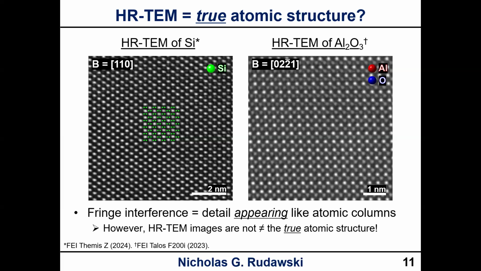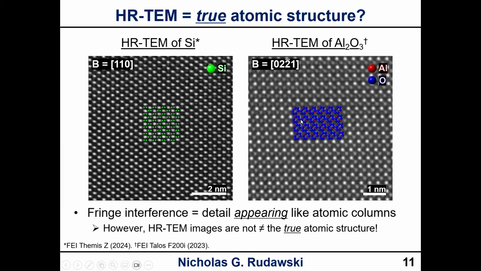If we look at the case of the alumina, it's even more dramatic. So now we're looking at the 0 2 bar 1 zone axis. Now we have 2 different types of atoms, and you might be tempted to think here, because we can actually see in the alumina 2 sets of dots, one that's brighter than the other, oh, maybe that's aluminum and that's oxygen.